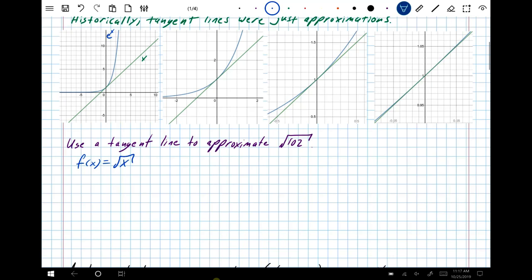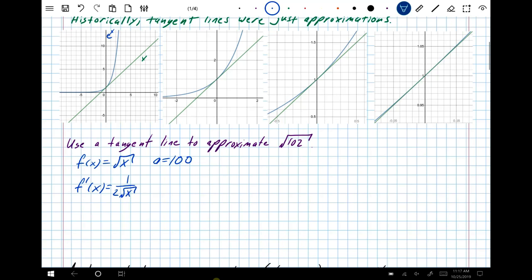I would like a base point to find my tangent line that's going to give me a good approximation to 102, and we decided that 102 is pretty close to 100, and 100 is a great number to plug in. Okay. We're also going to need a derivative, of course, this is calculus. So the derivative of the square root of x is 1 over 2 square root of x.